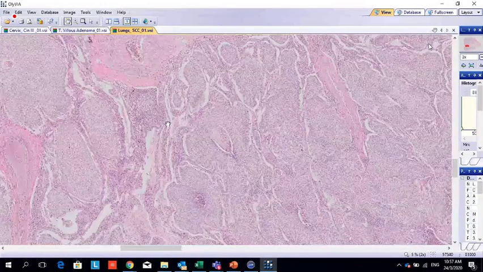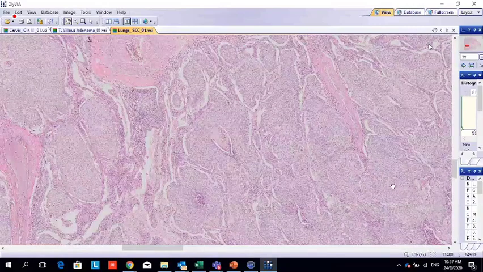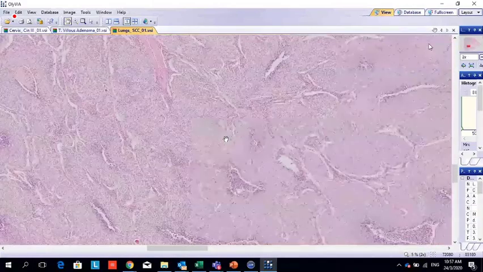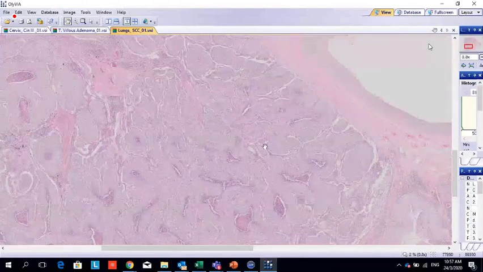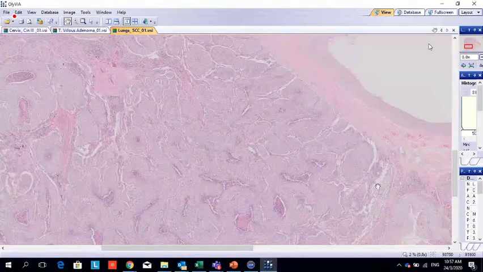So we say the tumor is arising from this metaplastic bronchus and invading the alveoli in the form of nests, this nest or mass.